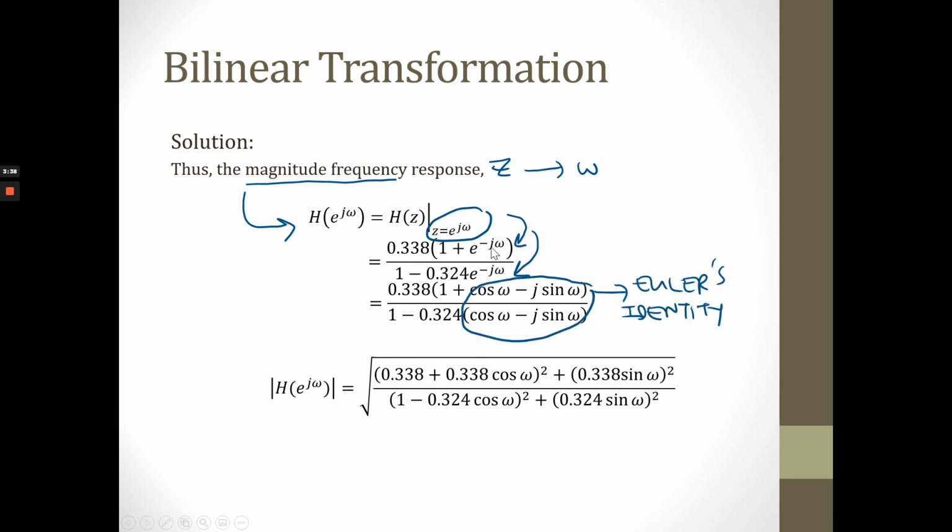And this one, we use Euler's identity, cos omega minus j sin omega. And from this one, we can determine the magnitude of the frequency response of H exponent j omega equal to this one, based on this equation of the frequency response.